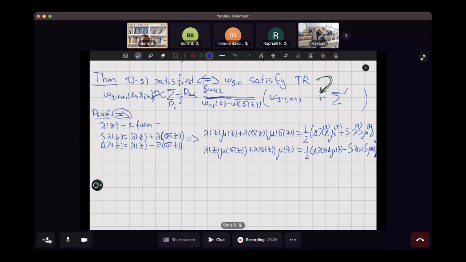Maybe, but no. Let's track the sign of this summand. Here, in this guy, it is this with plus. Yes, lambda of z times mu of z, and here it will appear also with plus, and this minus will kill this summand. Do you agree?